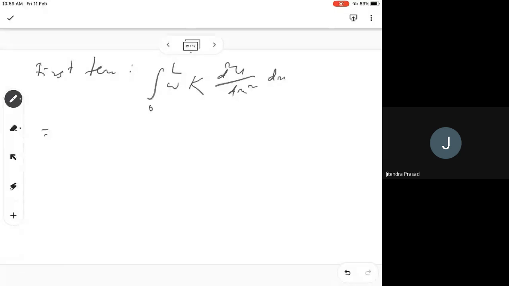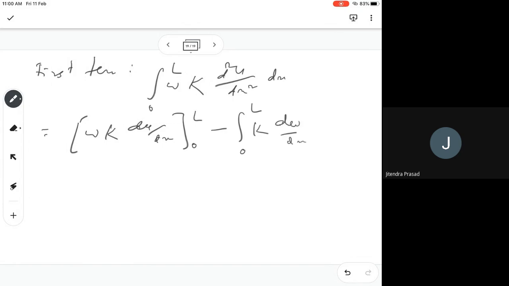Kappa is a constant, so kappa will come out, but it doesn't matter. So you have W kappa du over dx evaluated from 0 to L, minus integral 0 to L of kappa dw over dx du over dx dx, is equal to, now what is given?